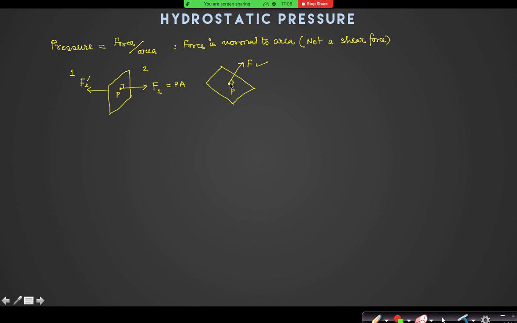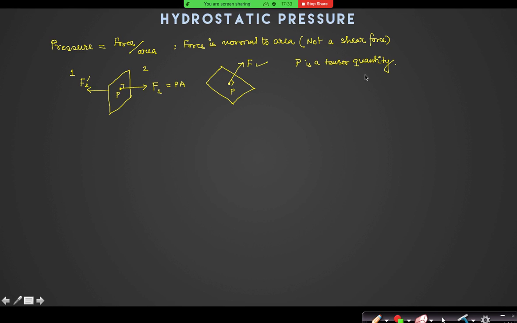Rather, the term scalar is also not applicable. Pressure is a tensor quantity basically. Do you remember what I told you about tensor quantity? In the last chapter, I discussed for a few seconds what a tensor is.